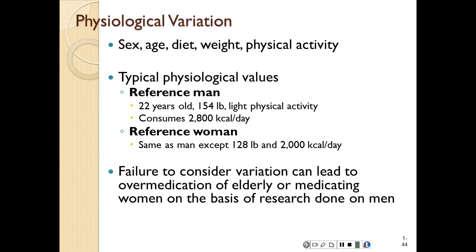In reference to a man, they say at age 22 that he may weigh approximately 154 pounds. He may engage in some light activity. Now we're not talking about a basketball game, competitive. That's not considered light. But he should consume approximately 2,800 kilocalories per day.